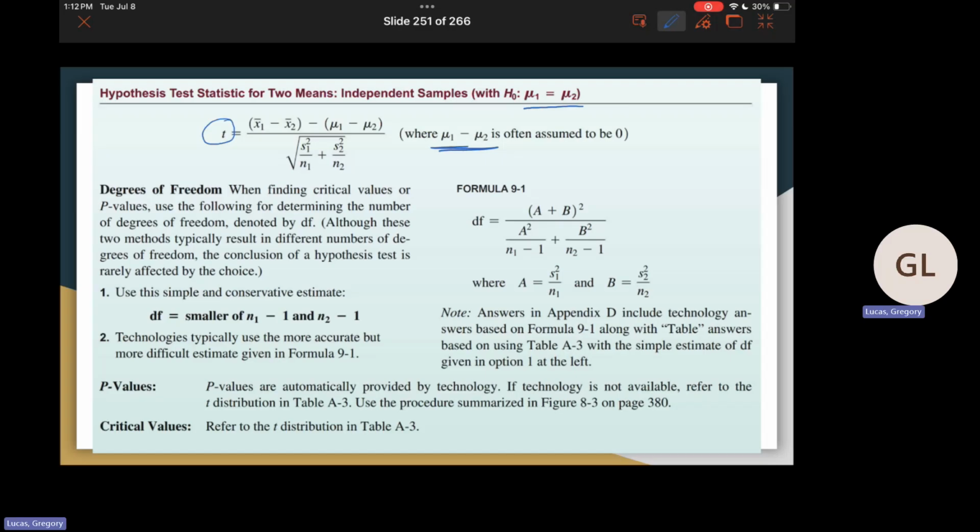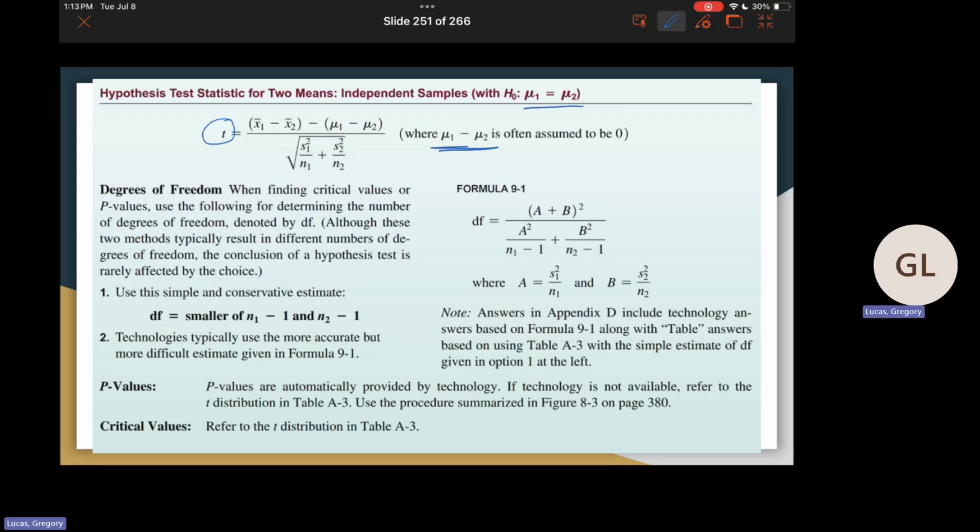Right. We have to be a little careful here with degrees of freedom. When finding critical values or p-values, use the following to determine the number of degrees of freedom. Although these two methods typically result in different numbers of degrees of freedom, the conclusion of a hypothesis test is rarely affected.